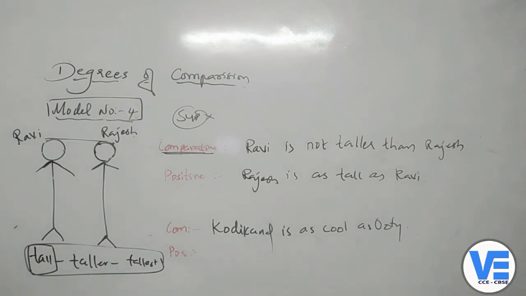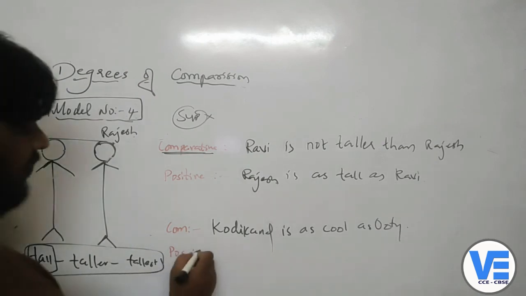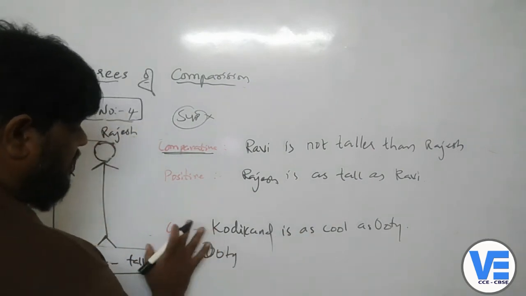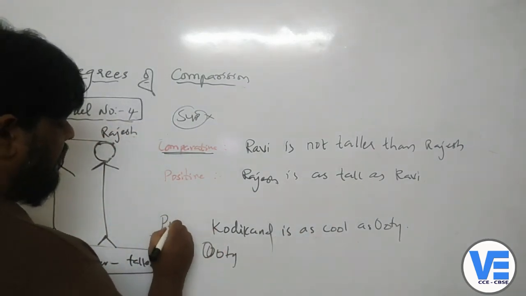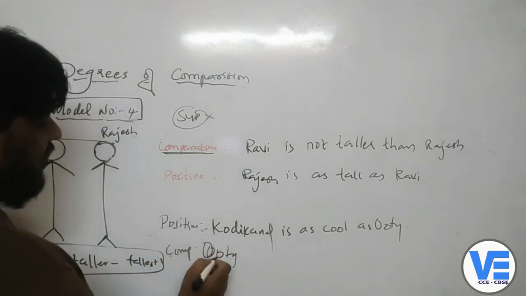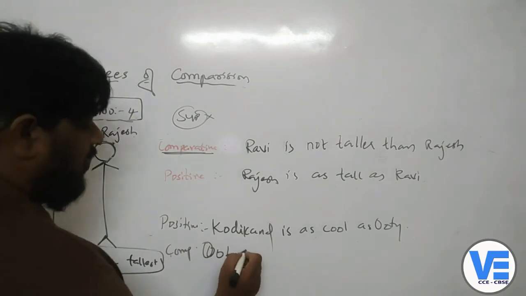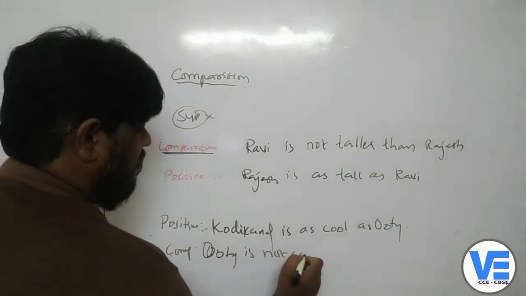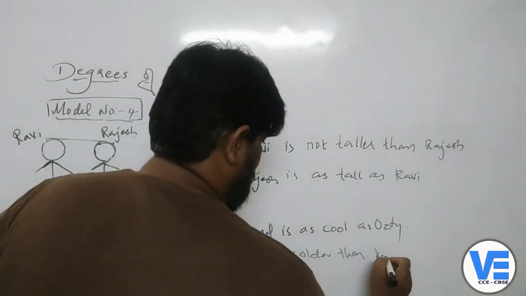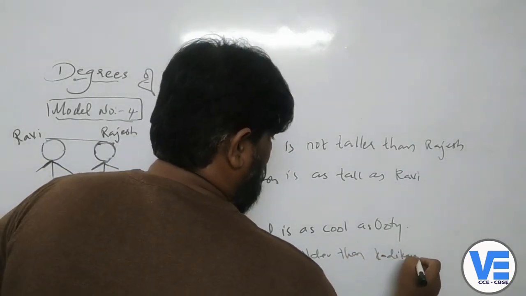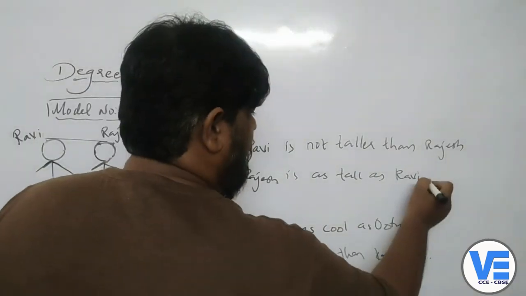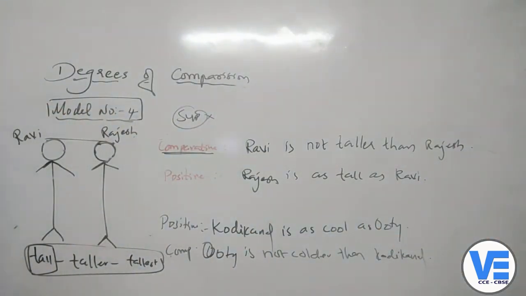That means this is the positive form I have written here, and write the comparative here. That is, Ooty is not colder than Kodaikanal. So this is how you will write the model number 4.